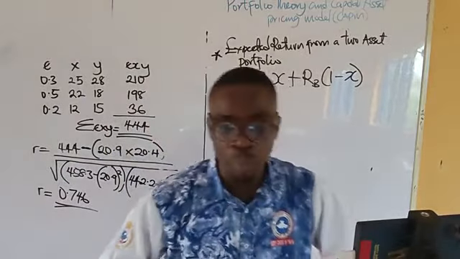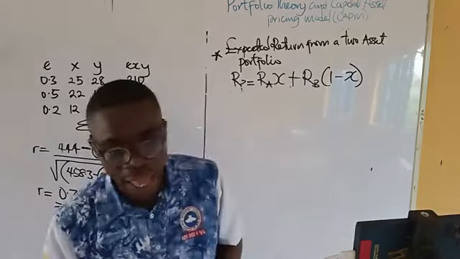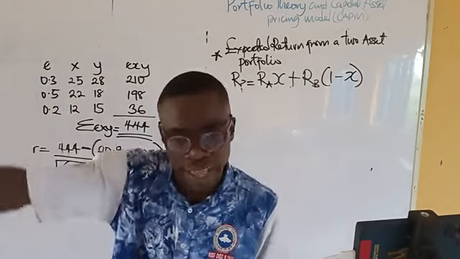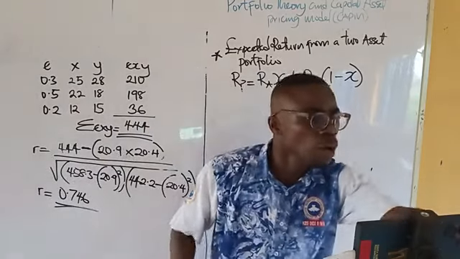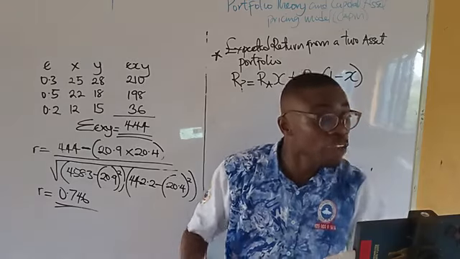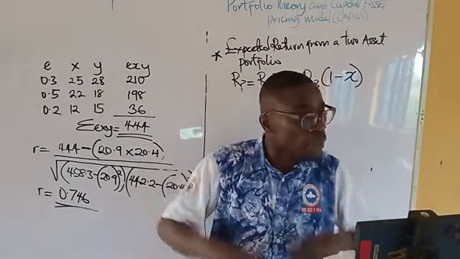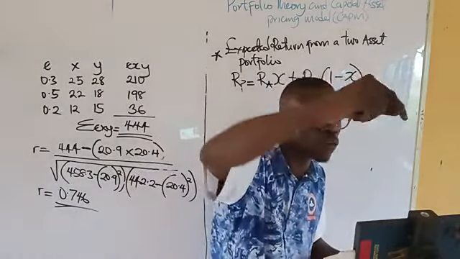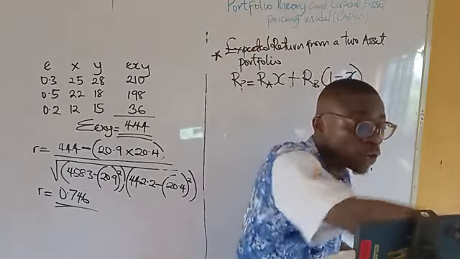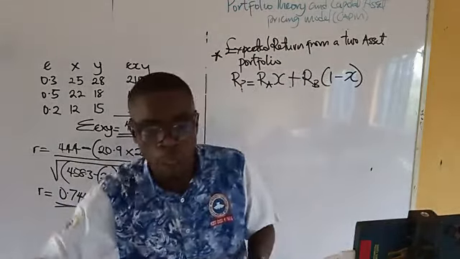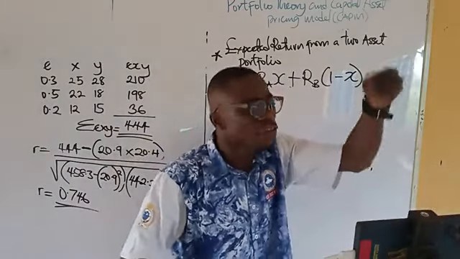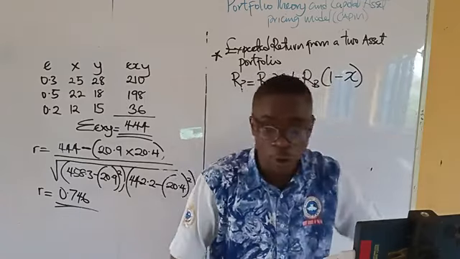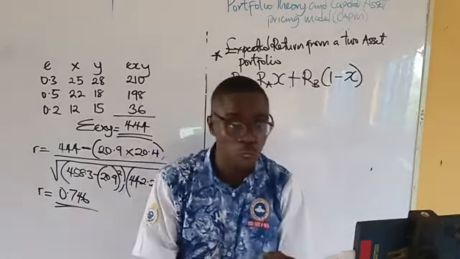Now let's go to B. They said assume you desire an expected return of 28% on the portfolio. What's that now? That means they have given you what the investor is expecting. The first question was that we are calculating the expected return of the portfolio, which is why we calculated 22.5. But now they are telling you that the investor is expecting 28% on the portfolio, on the combination of the two assets.